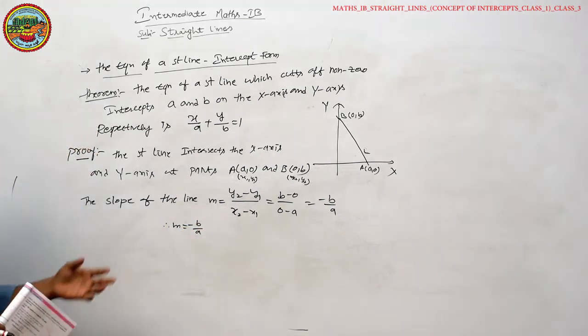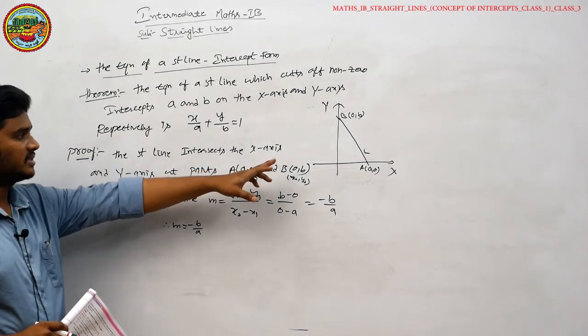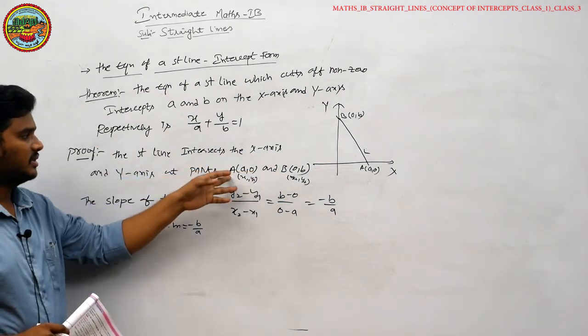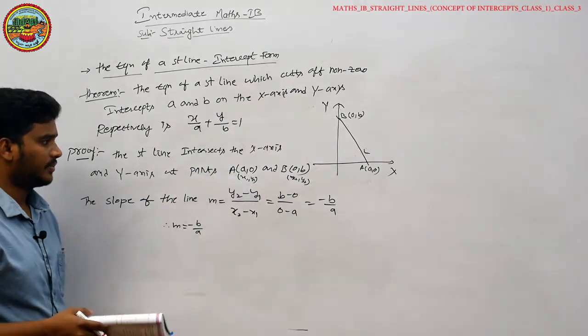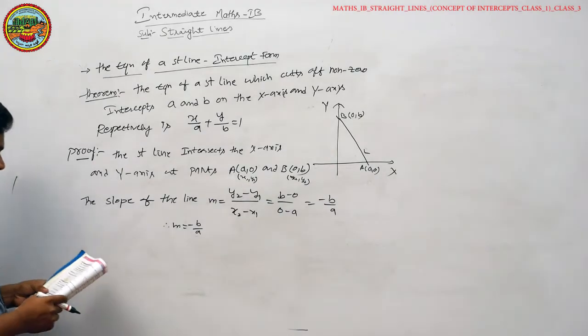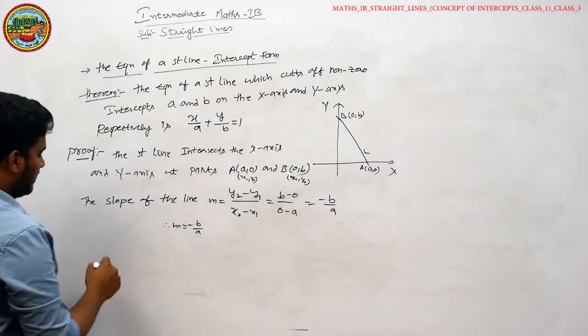So with the coordinate points, the line intersects the x axis and y axis at points A comma 0 and B comma 0 comma B. Hence, the slope intercept form we have previously discussed.